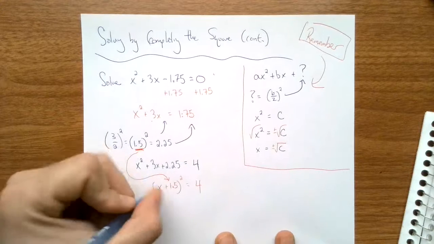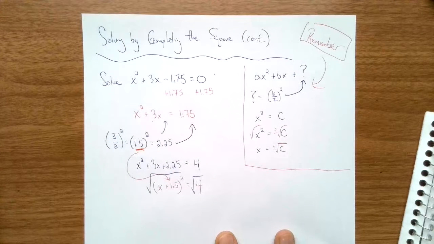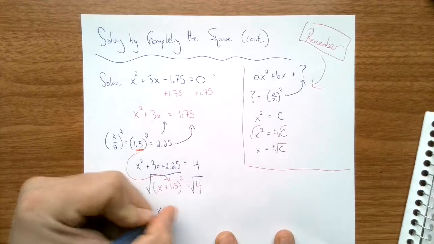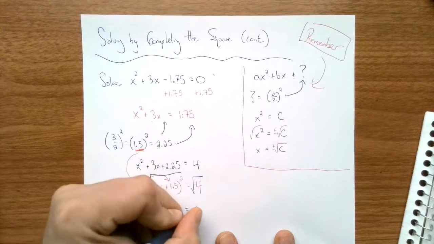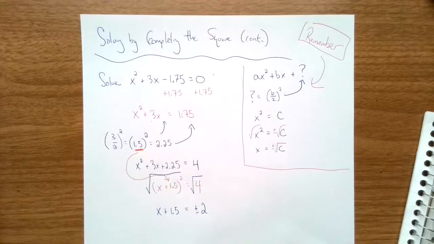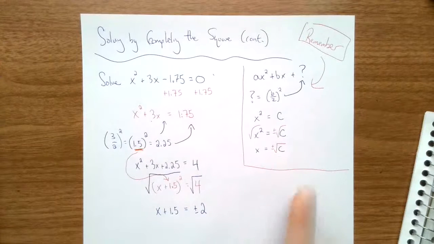Now we're going to take the square root of both sides of the equation, just like we did in the previous example. We end up with x plus 1.5 equaling positive or negative 2, once again taking the positive or negative when we take the square root of both sides. The square root of 4, of course, is 2.